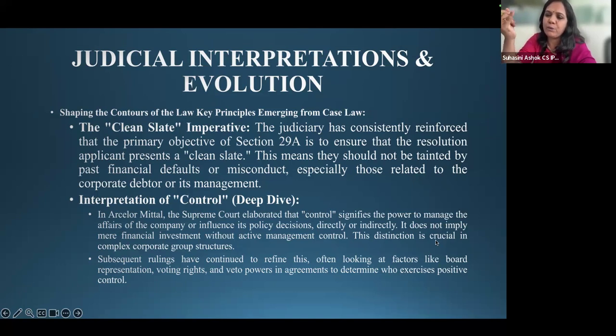We will prescribe some net worth, and if it is a big company, we will ask for their net worth or capital details, or their last 2-3 years' profit details. We may put some turnover of 100 crores, for example, based on each corporate debtor's data. Then next, we will also prescribe the Section 29A eligibility.